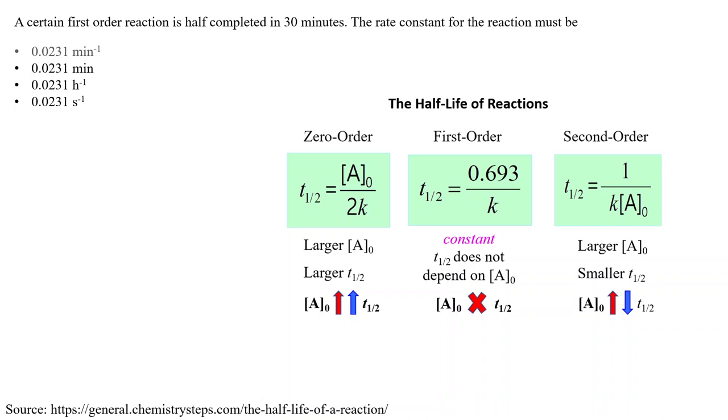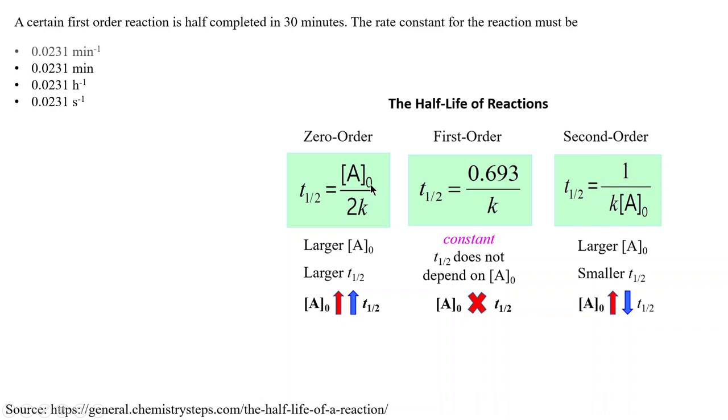Now we already know that there are different orders of reaction. First we have the zero order, then first order, and then second order. So we can see that there are different half-life expressions for different orders of the reaction.